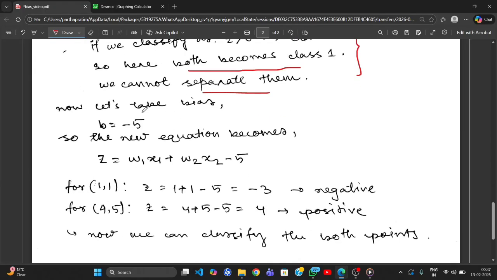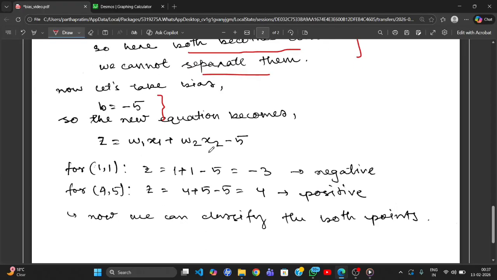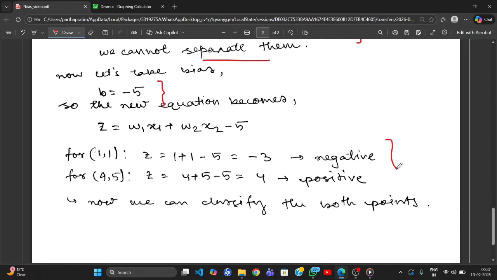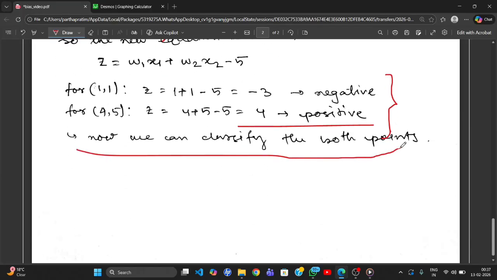But if we take the bias as -5, you can clearly see one is -3 and the other is positive 4. Now we can classify both points. So what exactly is bias doing? Bias is responsible for the shift happening in the decision boundary.